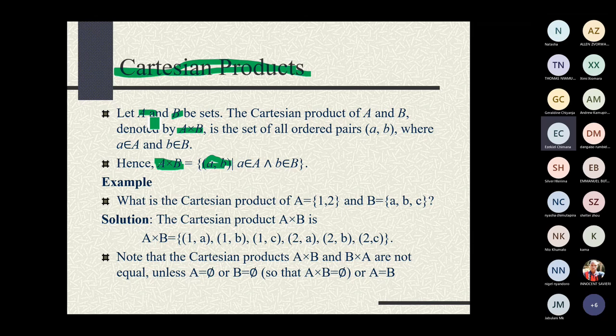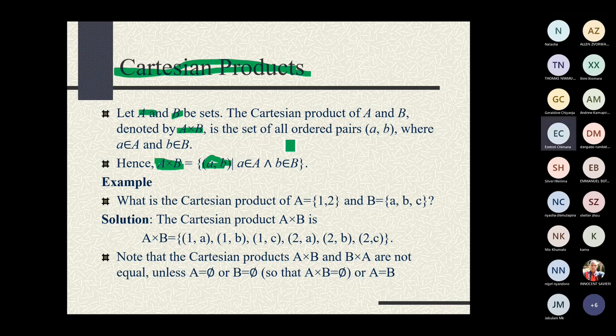Then we can have a Cartesian product. So what is the Cartesian product of A with elements 1, 2 and B with elements a, b, c? As an example, we've got these two sets. You have 1, 2 and you have a, b, c.